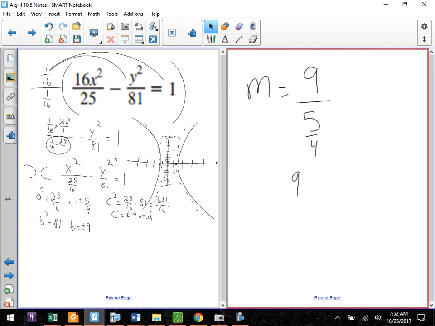It's the same thing as saying 9 divided by 5 over 4, which is 9 times 4 over 5, 36 fifths. So there's your slope. Yeah, that's how you get the equation of the asymptotes.